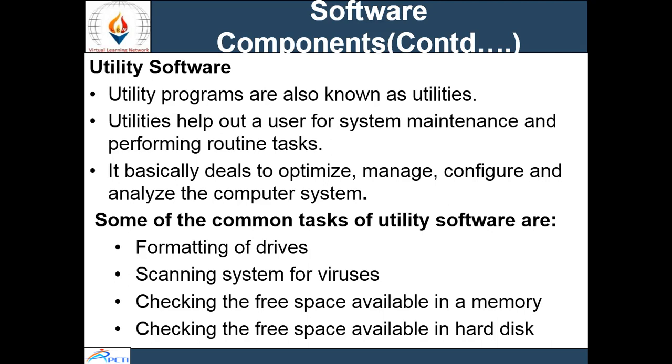Generally, utilities are included with the operating systems, while application software are user and application-oriented. Utility software focuses on system infrastructure. Some of the common tasks of utility software are formatting of drives, scanning system for viruses, checking the free space available in memory, checking the free space available in hard disk.